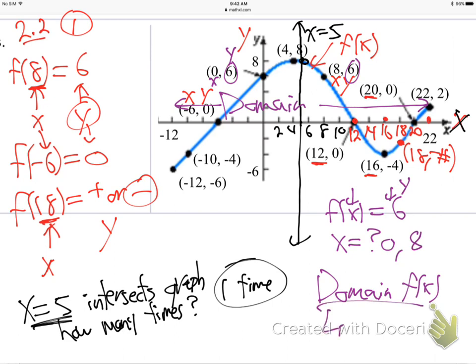So it's just left edge, comma, right edge, with brackets or parentheses depending on whether it hits those edges straight on or just gets close. So what's the left edge? Well, right here. X value negative 12. What's the right edge? Right here. X value 22. It hits those straight on, right? Solid dots on both ends. So it's going to be bracket, negative 12, 22, bracket.